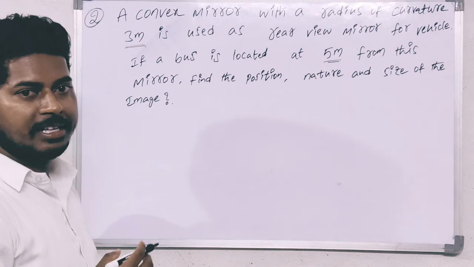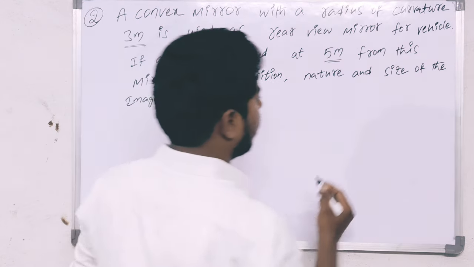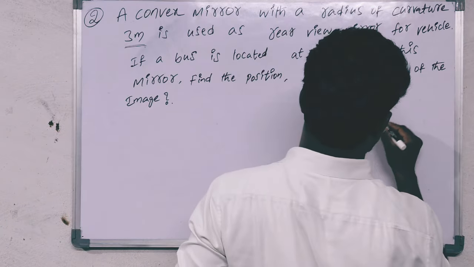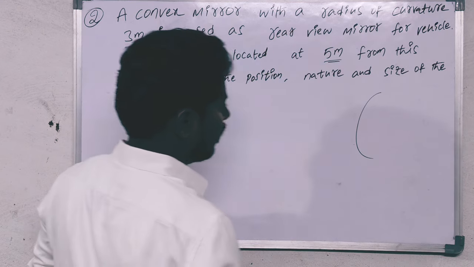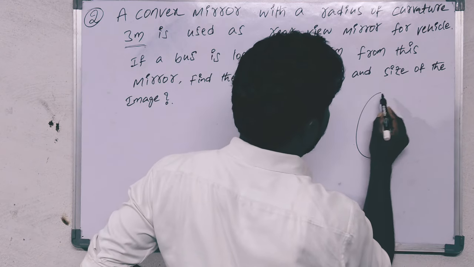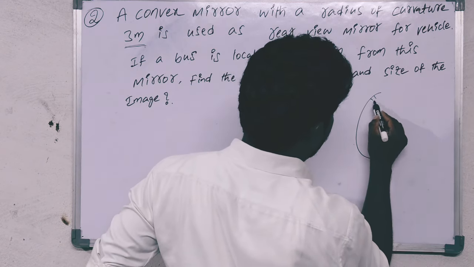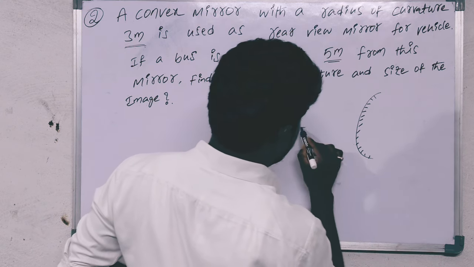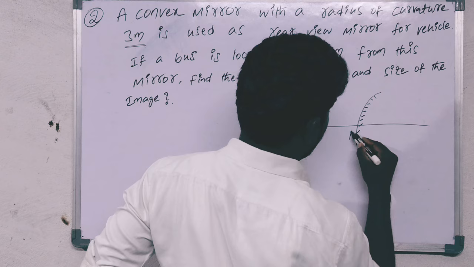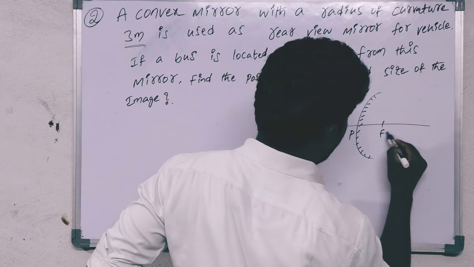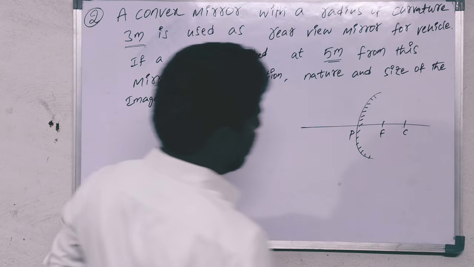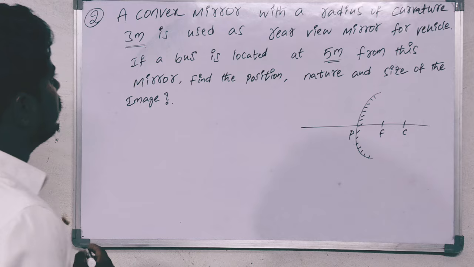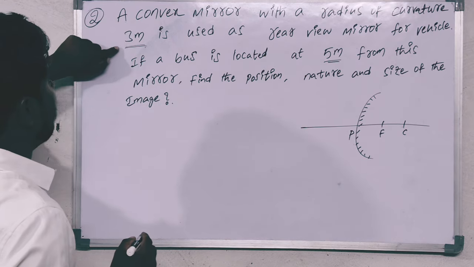So a convex mirror is given. Let me draw the diagram so you can understand. Convex mirror, curved outward reflecting surface, pole, focus and center of curvature. So the radius of curvature is 3 meters.